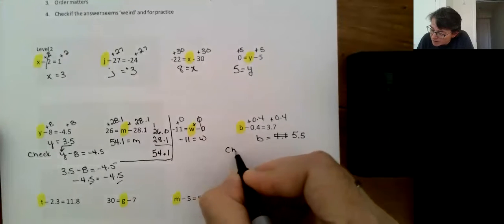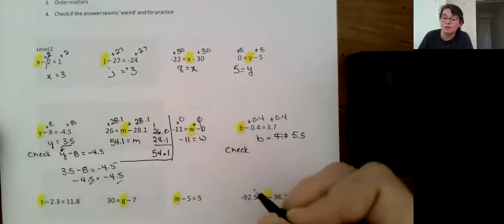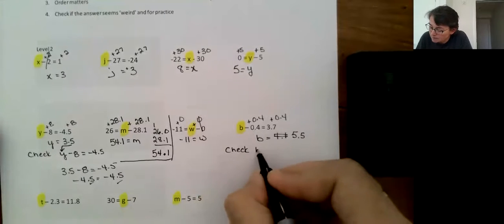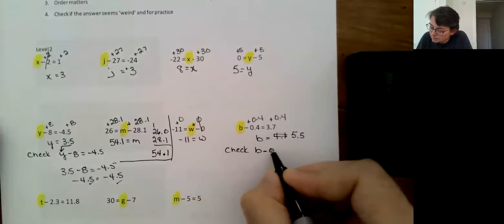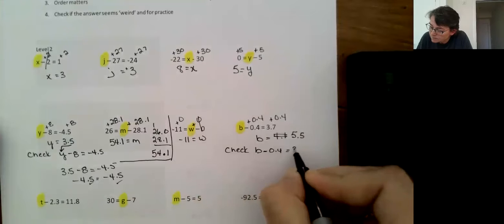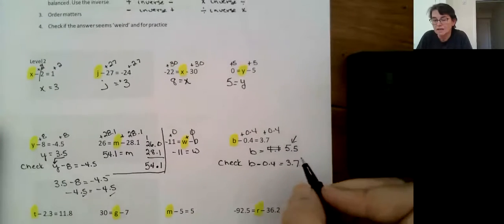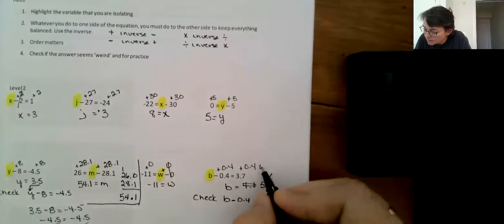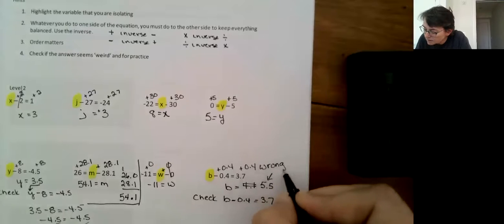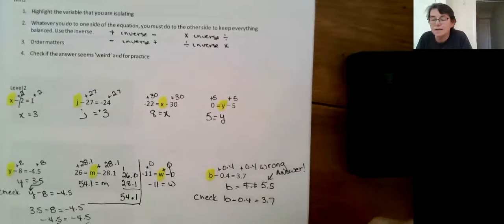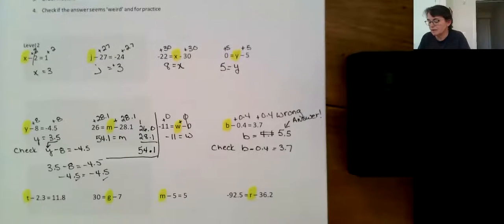I just want to show you what happens with your check and why it's important. So back to my original. I'm just going to write on here that this is the wrong answer. I know it's the wrong answer. I'm doing this for demonstration purposes.